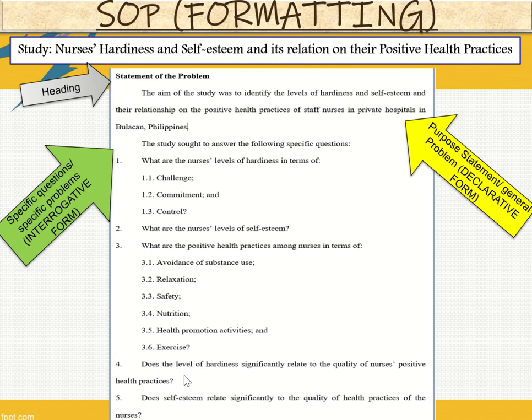And then fourth, does the level of hardiness significantly relate to the quality of nurses' positive health practices? And then does self-esteem relate significantly to the quality of health practices of the nurses? So this is how, again, we create our SOP. So this is our format. Please follow this format properly. So that is the second section after the background of the study, the statement of the problem.